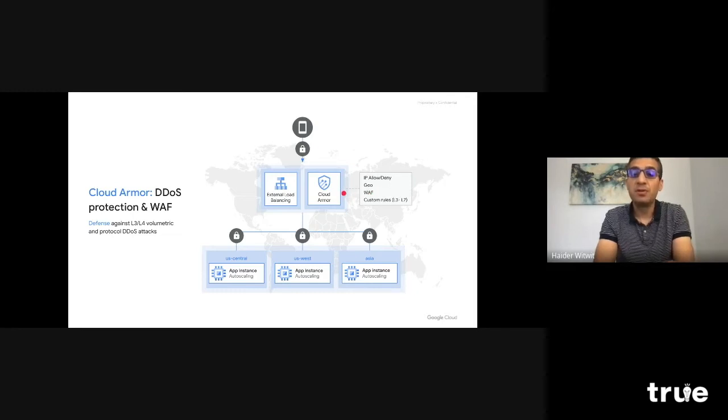You'll be able to deploy them on Cloud Armor, and this will enable protection for the backends deployed behind our global load balancer. Cloud Armor will give you the feature of creating security policies, and these security policies will be enforced on the communication between your load balancer and your backend.